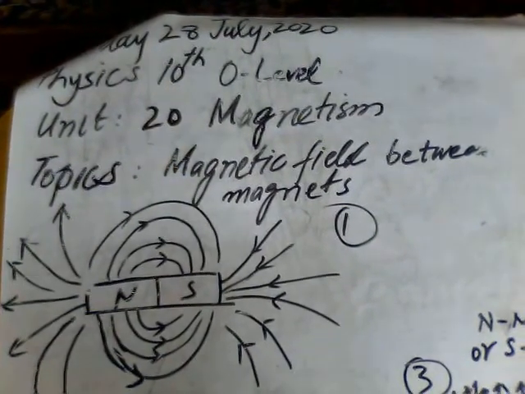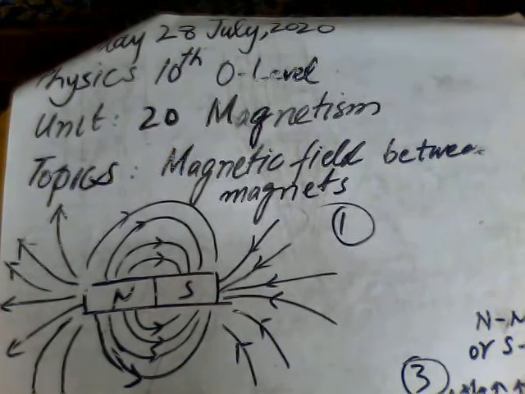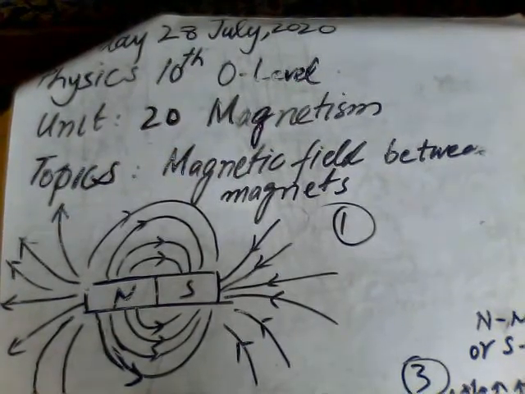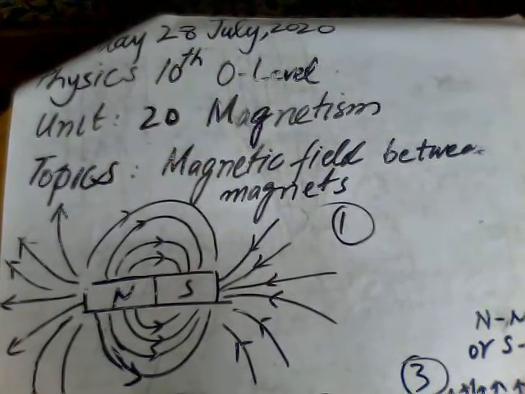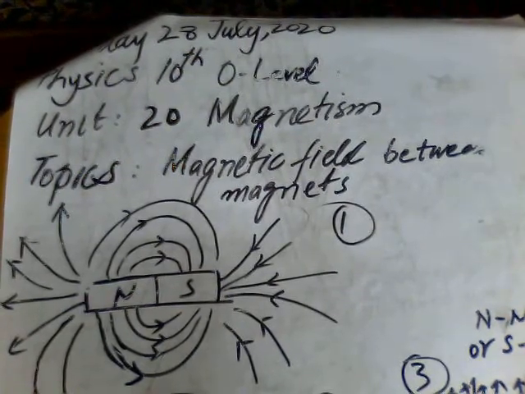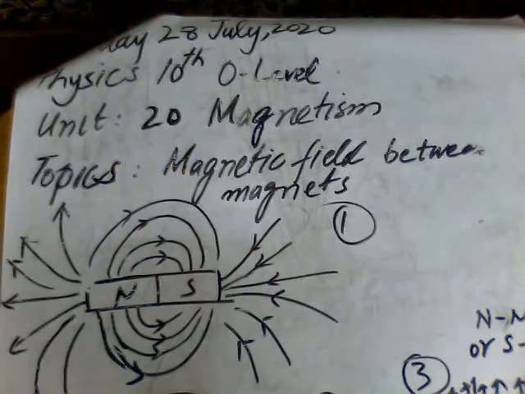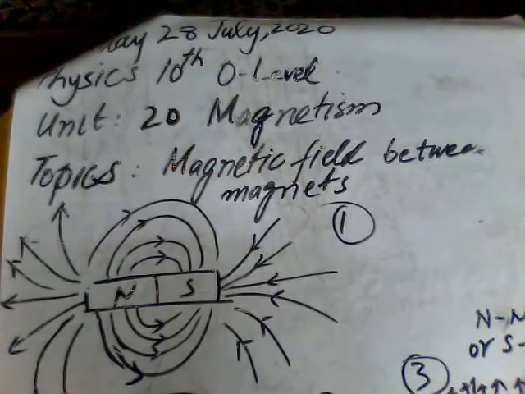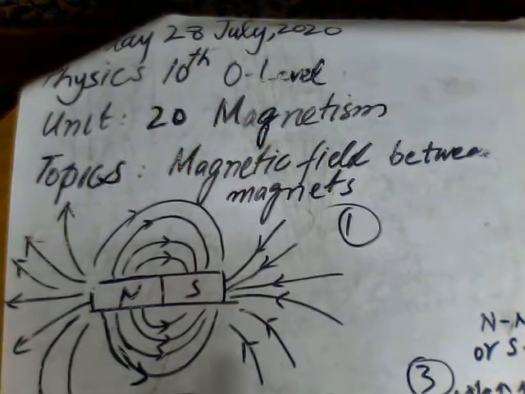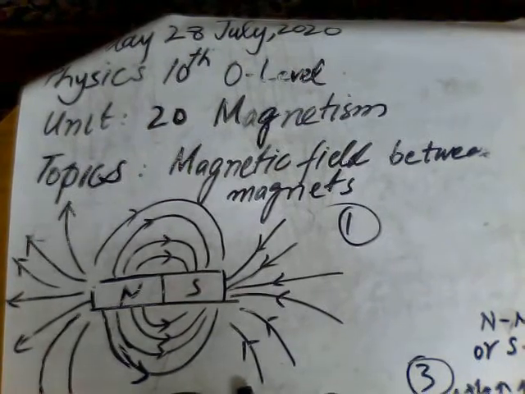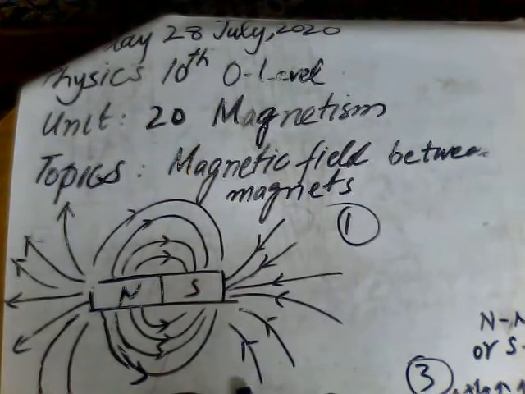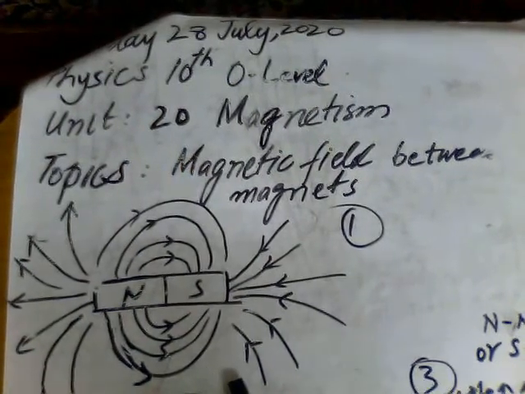On paper we can't draw them all. If you want to see them practically, take a bar magnet and sprinkle some iron filings around it, and you will see this kind of pattern. The particles of the iron filings align themselves in this form.